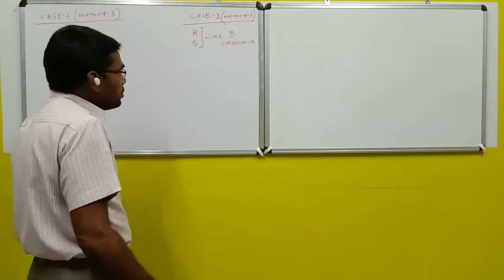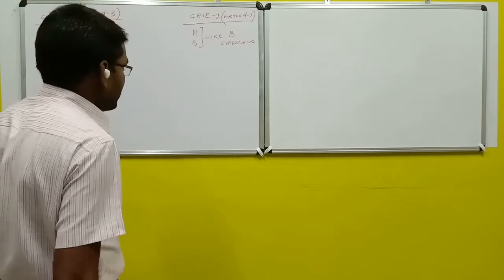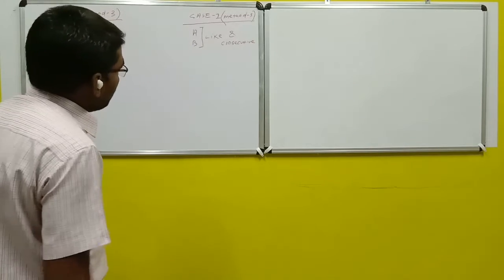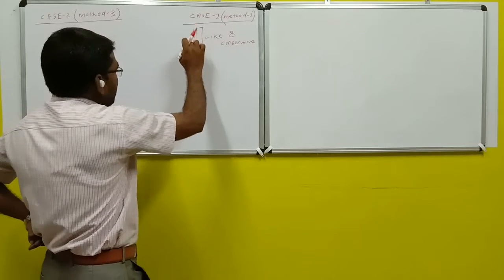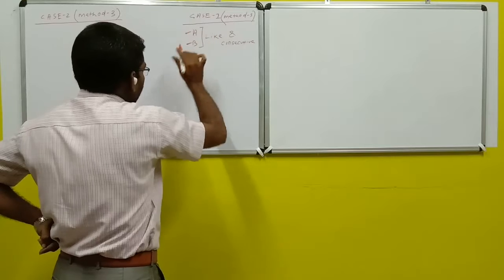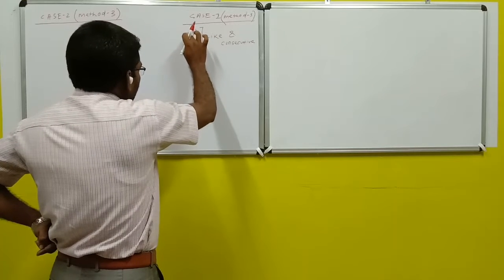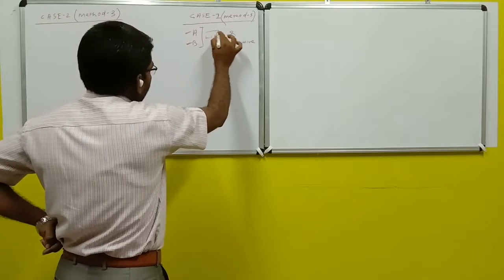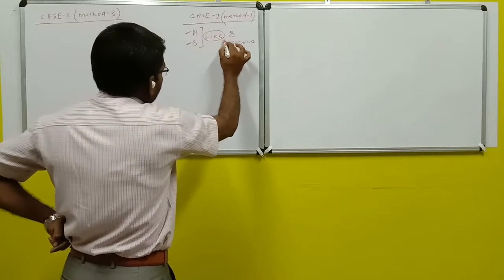I have already told you in the previous class that in case 1, your two given rational numbers, suppose a and b, are like and consecutive.